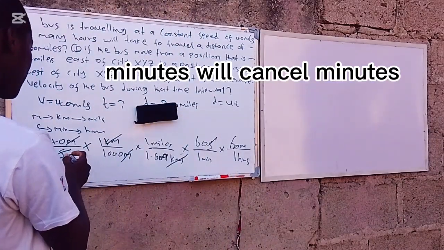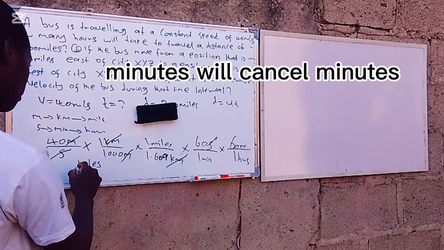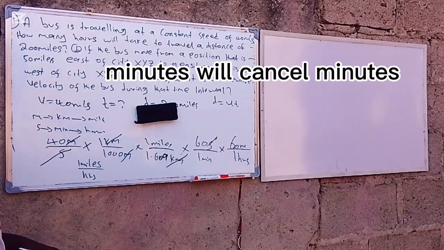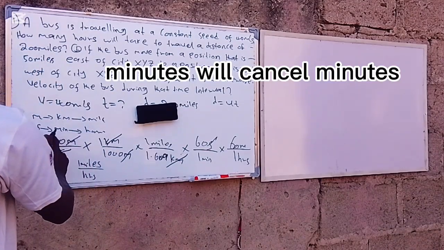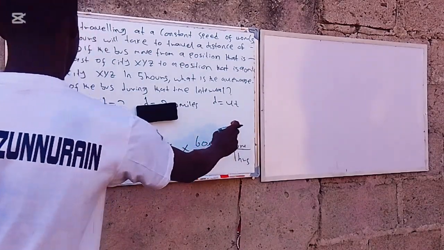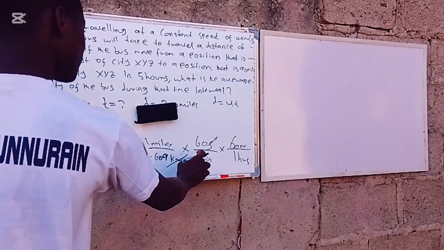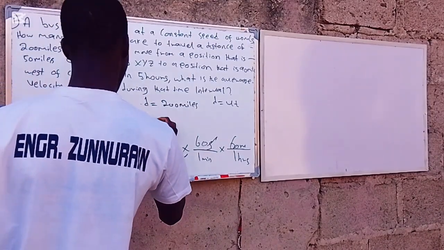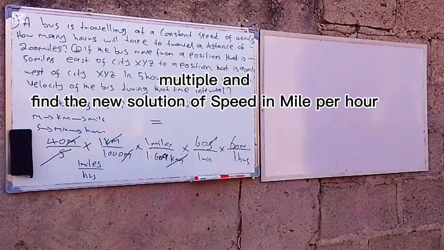So as you can see at the end, I'm left with miles per hour, and this is what I want. So I have to say 50 multiplied by 1, multiplied by 1, multiplied by 60, multiplied by 60, divided by 1000, multiplied by this, multiplied by 1, multiplied by 1.